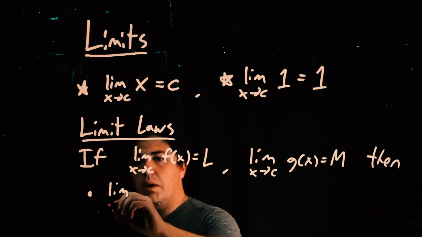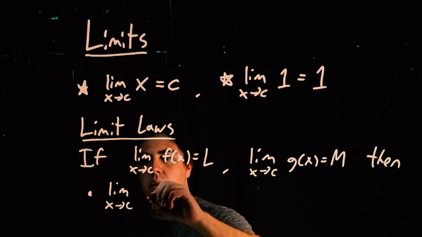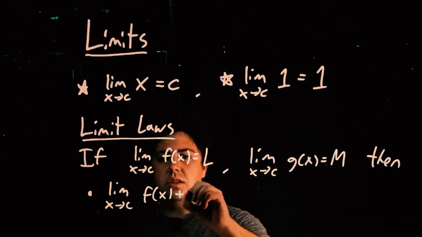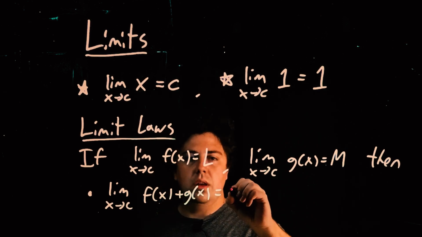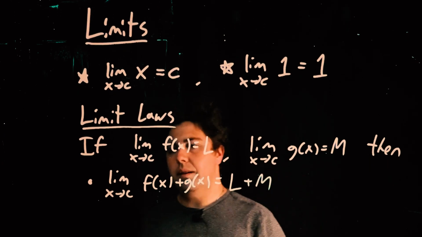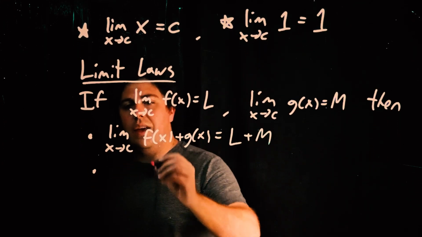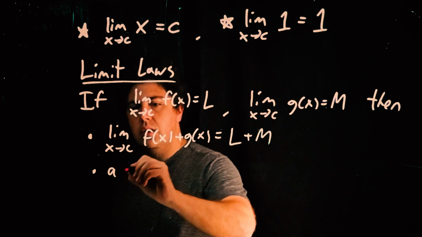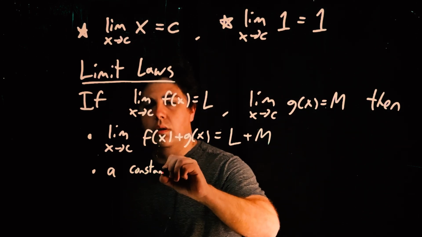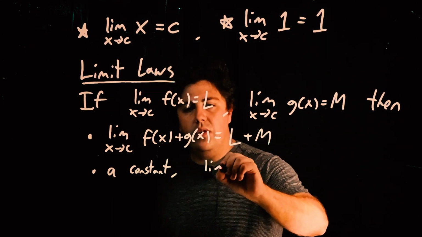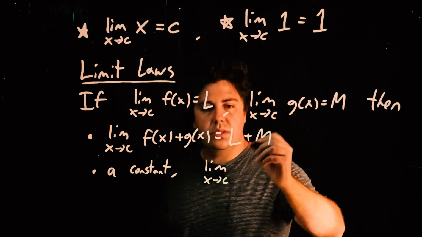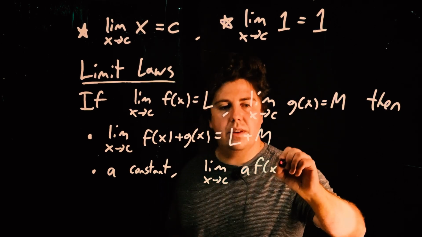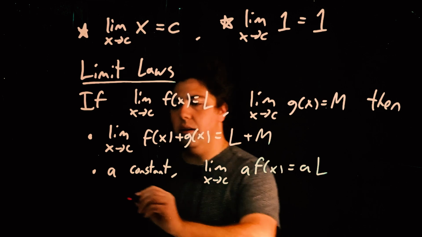The limit as x goes to c of the sum of these two functions is the sum of the limits. Pretty straightforward. If you have a constant a, then the limit as x goes to c of a times f of x is just going to be equal to a times L.